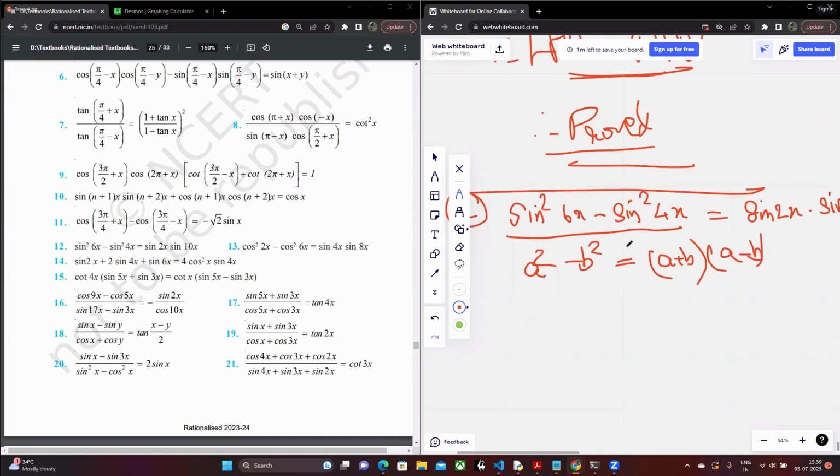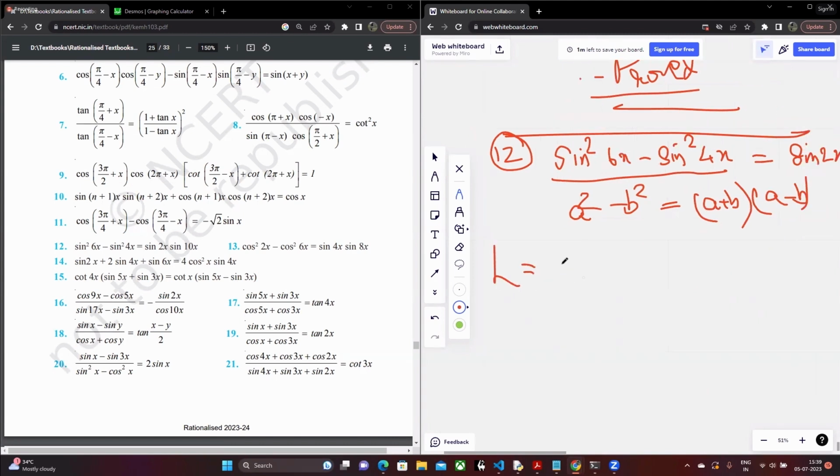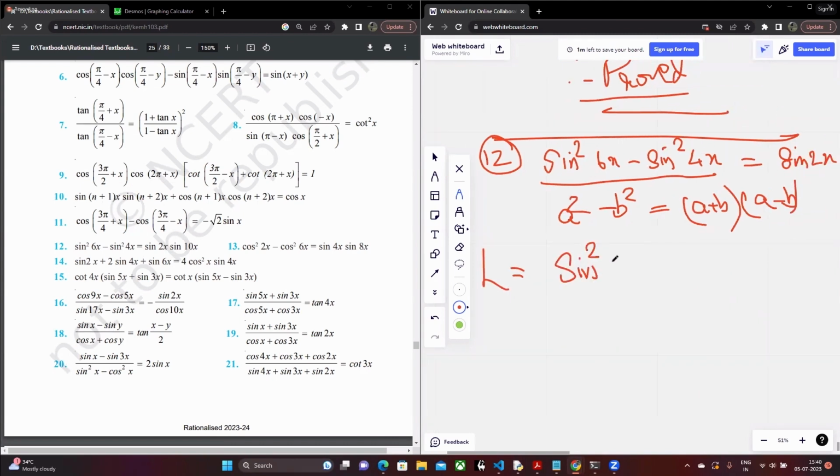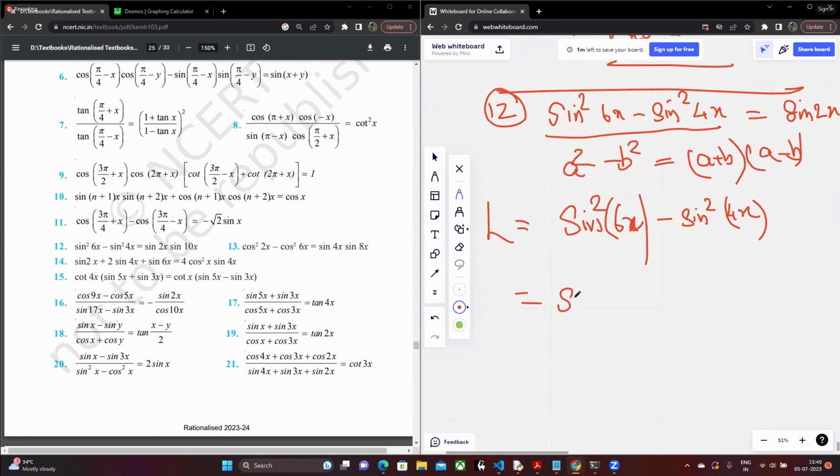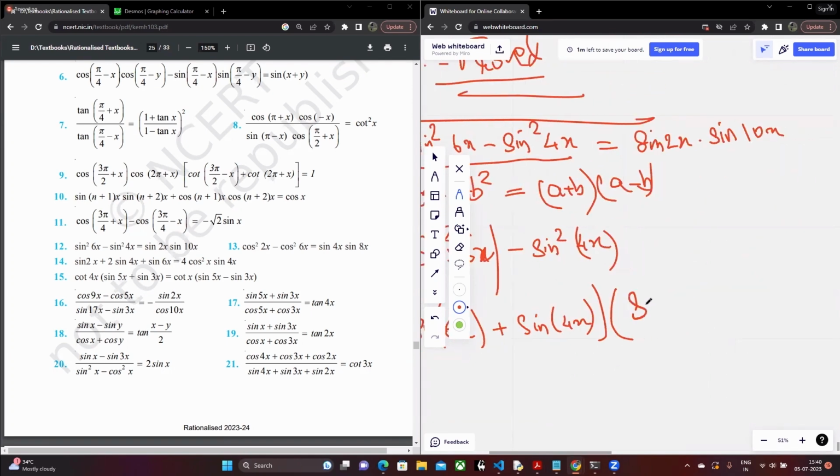So the left hand side I can write as sine square 6x minus sine square 4x, which is equal to sine of 6x plus sine of 4x, whole into sine of 6x minus sine of 4x.